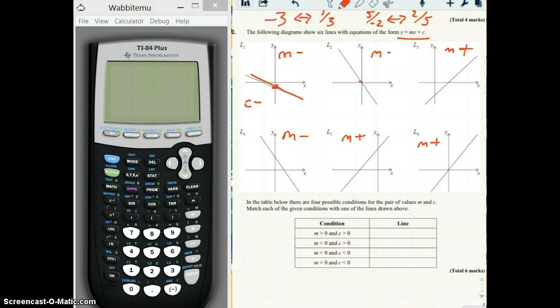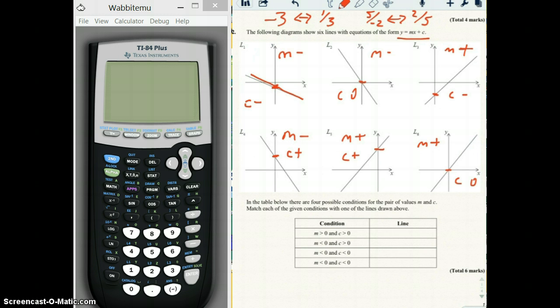Is C positive or negative? Actually, it's 0. What about this one? It's negative. What about this one? C is positive. What about this one? C is positive. What about this one? C is 0.